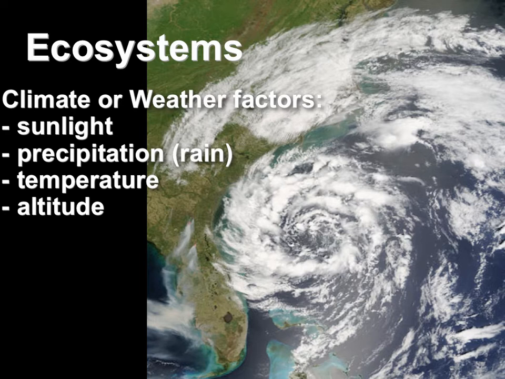Do you live in Florida here in the U.S., where there are lots of hurricanes and lots of rain, and it's close to the equator and very warm? Those things will have an impact, as well as the wind. Are you in a very windy place? Wind can cause it to be very dry, but wind could also cause lots of storms, like this one, to blow in off of the ocean.